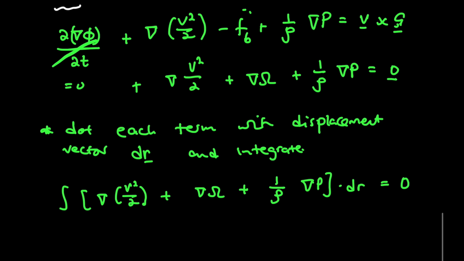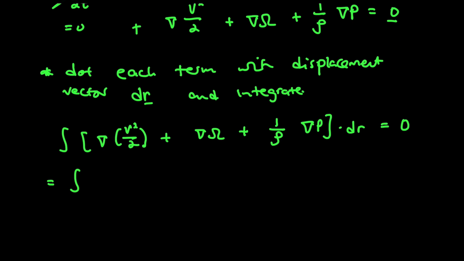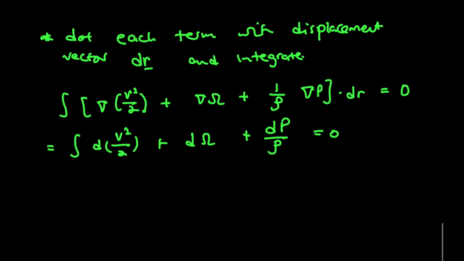Then as we continue, as we are dotting this and integrating, plus d of omega, plus dp over the density, that equals 0.